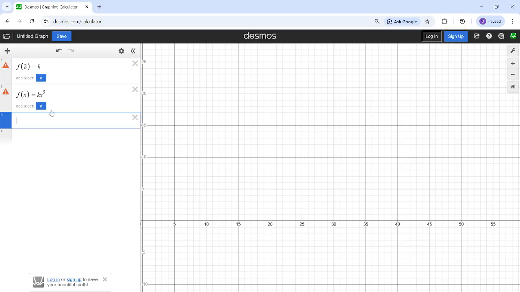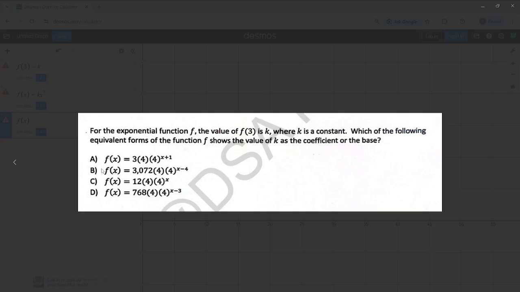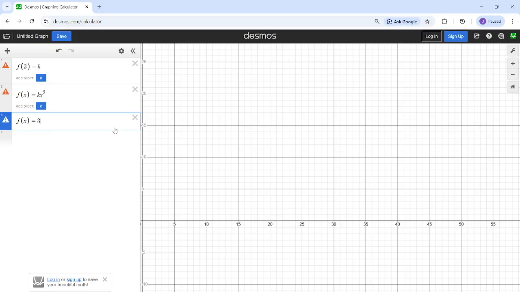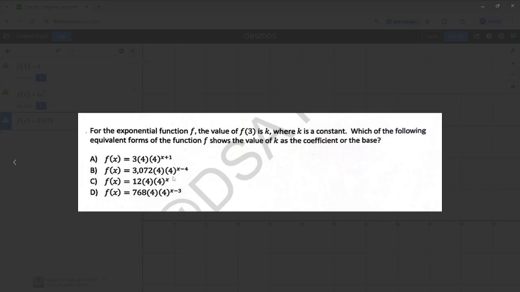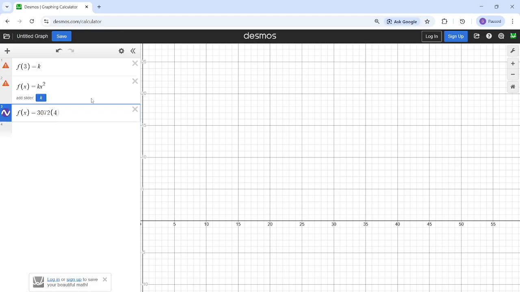So right here, f of x. Let's, for example, start with the second answer choice. f of x equals 72 times 4 to the power of x minus 4. Yeah, we wrote this function down. Now we need to find the value of f of 3.